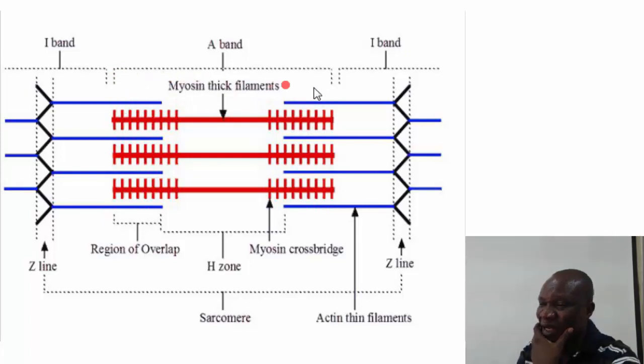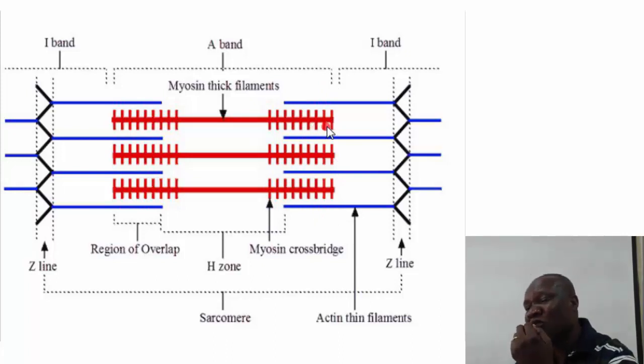The A band is made up of thick filaments. So these are the thick myofilaments. They constitute the A band, which stretches from here to there.